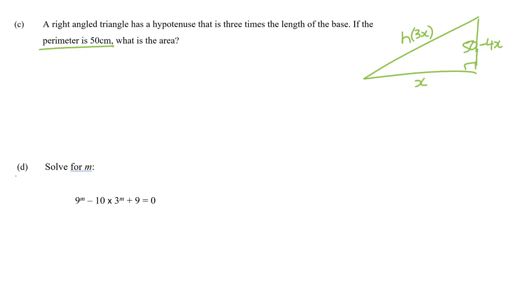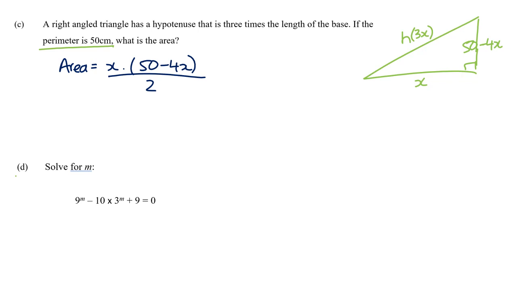How would you find the area? x times 4x over 2. So we're going to go area equals x times 50 minus 4x all over 2. Is that right? You happy with that?